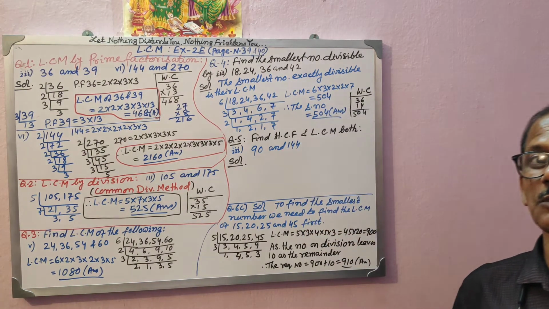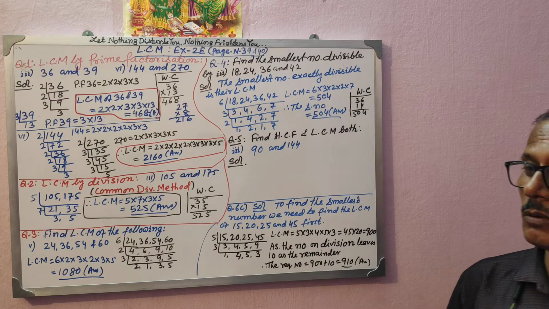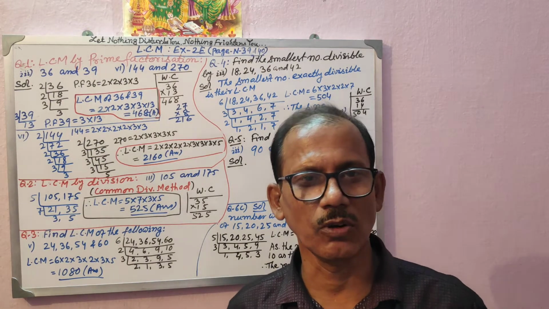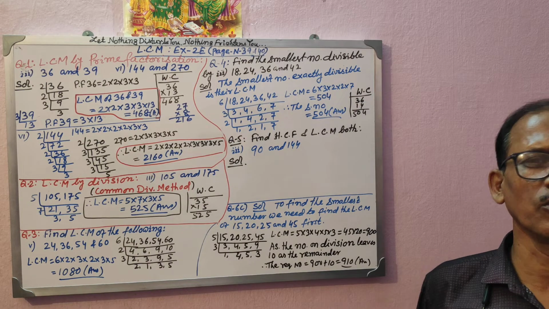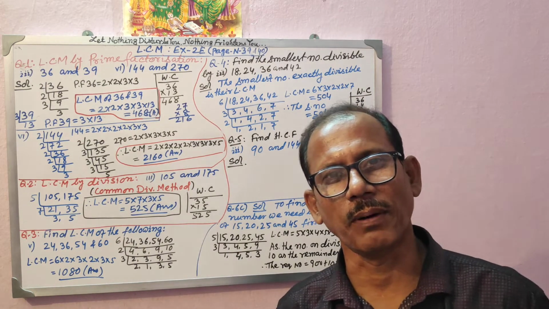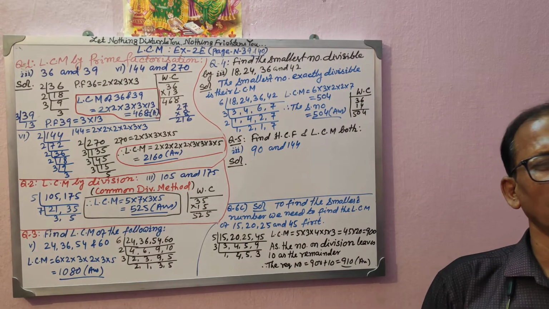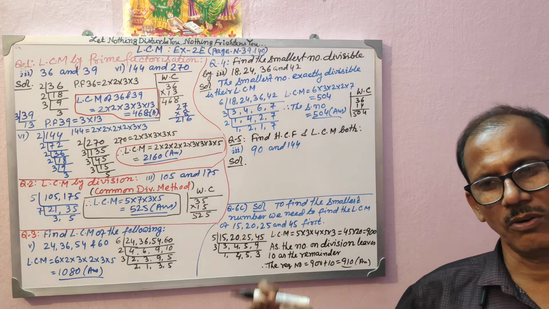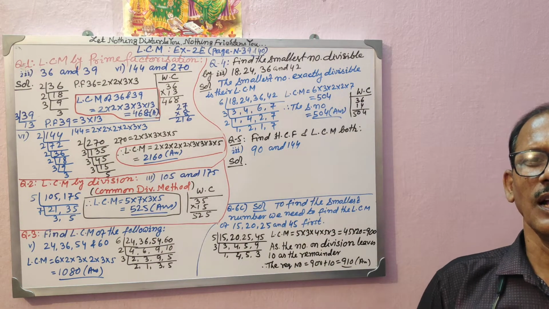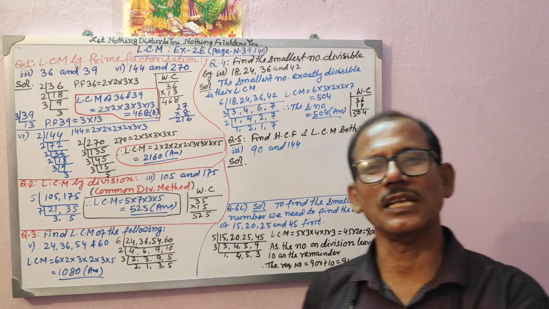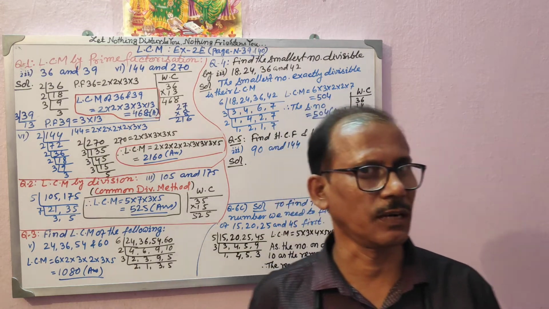What will be its last multiple? It will be infinite. The number of multiples of any number is infinite, because you can multiply 7 by a trillion, a quadrillion, a quintillion, so the multiples of any number are limitless.